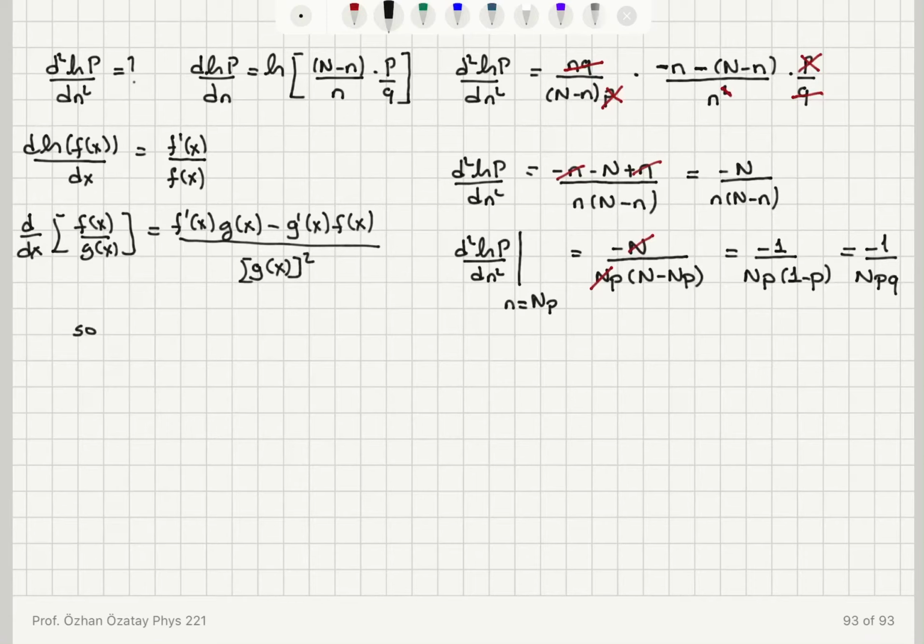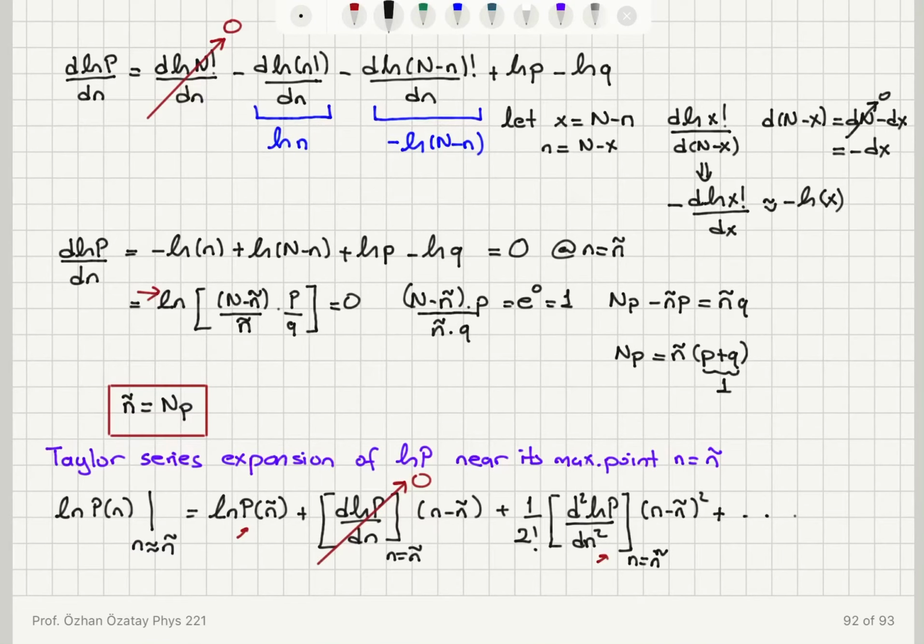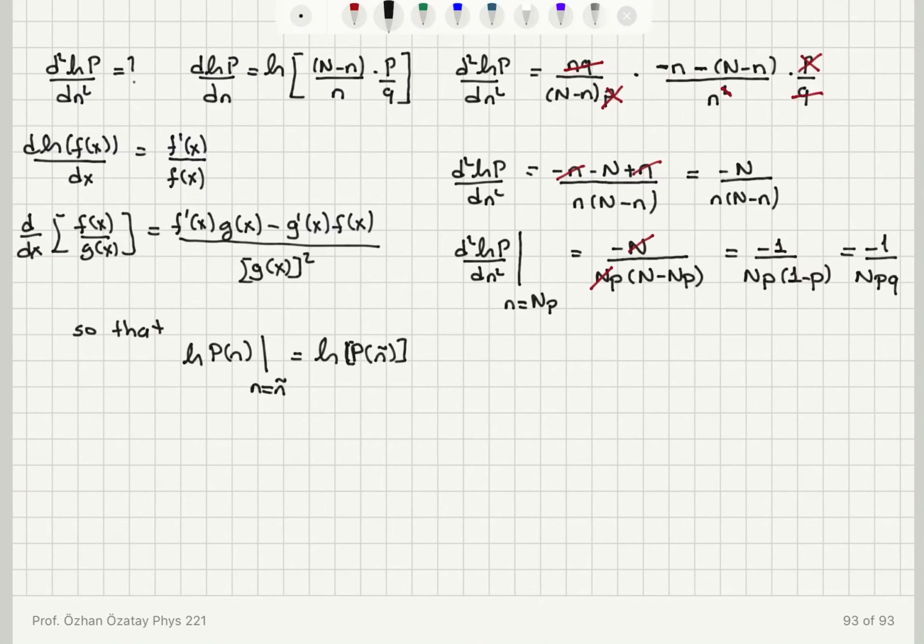So this is going to tell me that my Taylor series expansion around the extremum point n equals n tilde has as its first term the function evaluated at n tilde, and then the second term is 1 over 2 factorial, plus 1 over 2, second derivative evaluated at n tilde, 1 over NPq, multiplied by n minus NP, n minus n tilde squared.